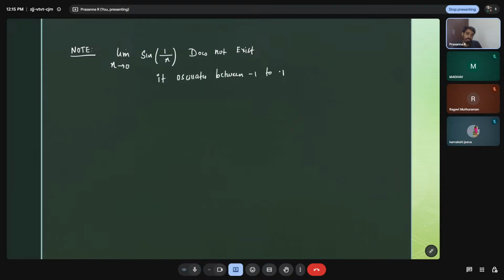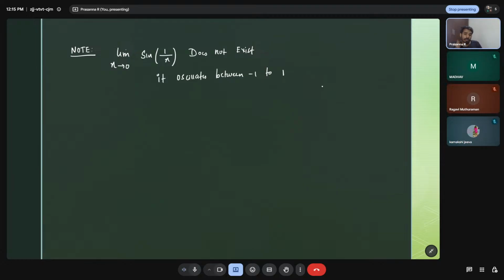You always note, very important note, that the limit as x tends to 0 of sine 1 by x does not exist. It oscillates between minus 1 and plus 1.